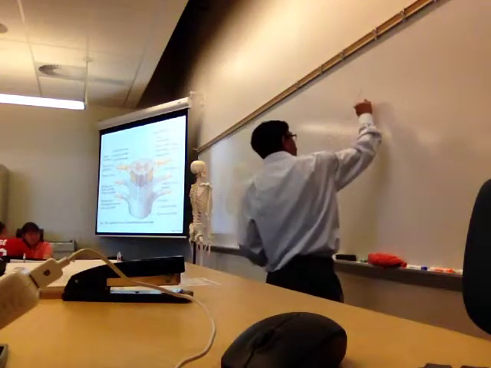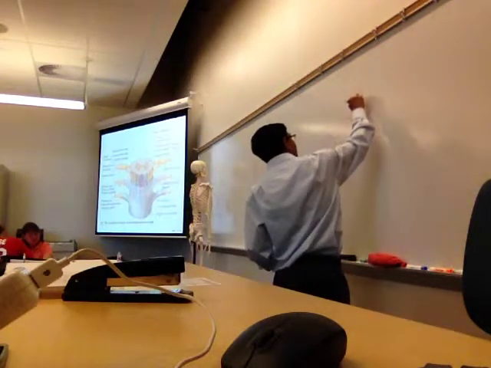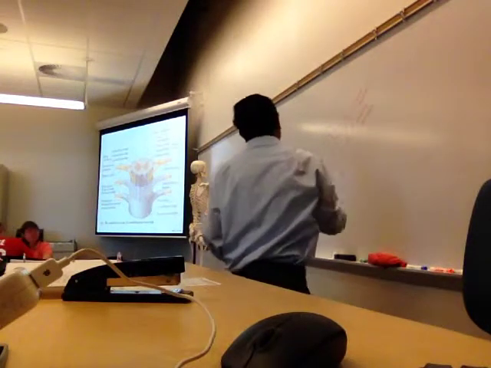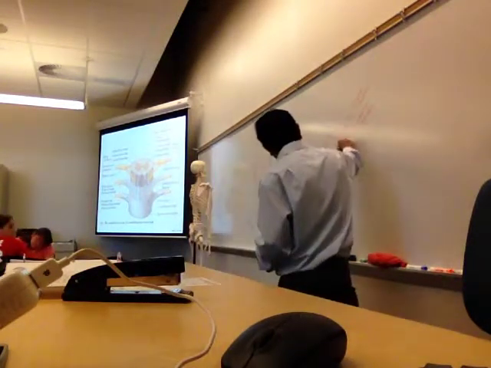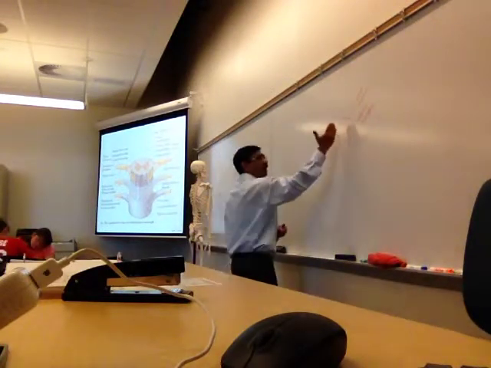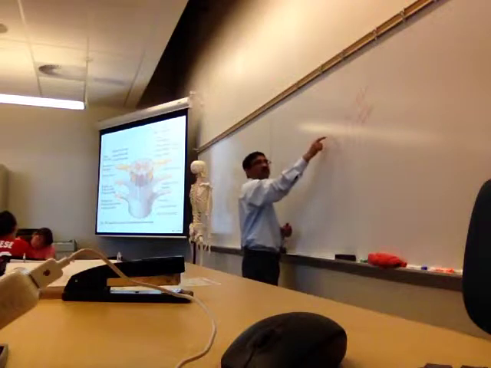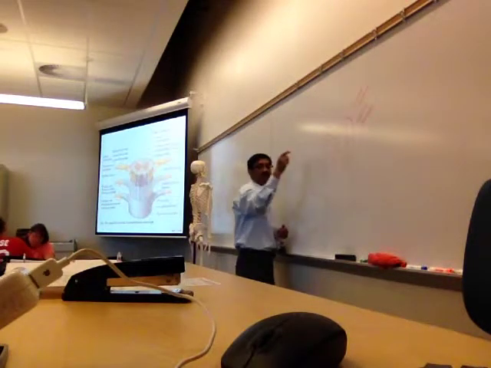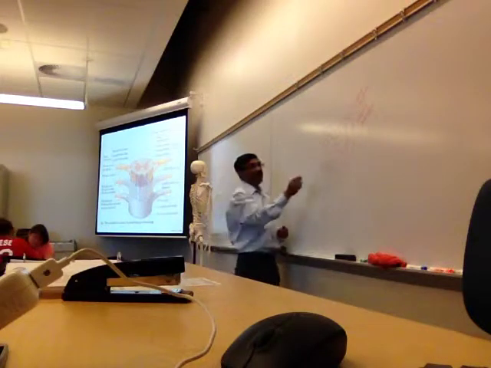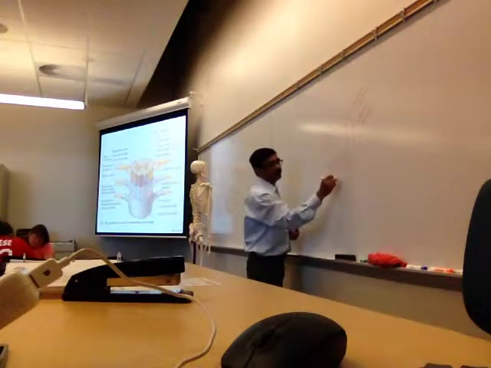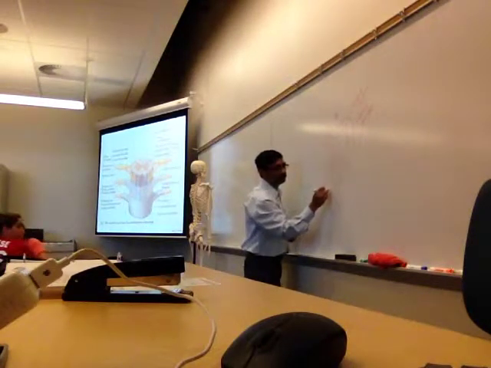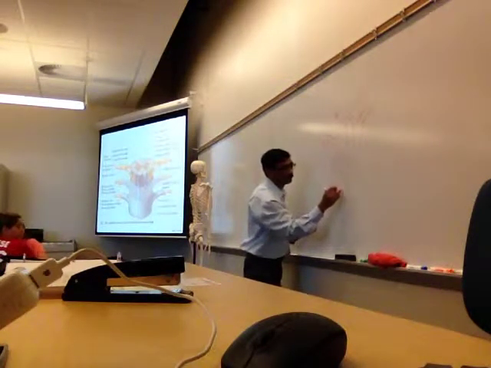Now, white matter and gray matter. Now, if you see the gray matter, in each half of the gray matter, you have 3 horns. You know, horn-like structure. Those are called horns. This is front, this is back. So this is called ventral horn.